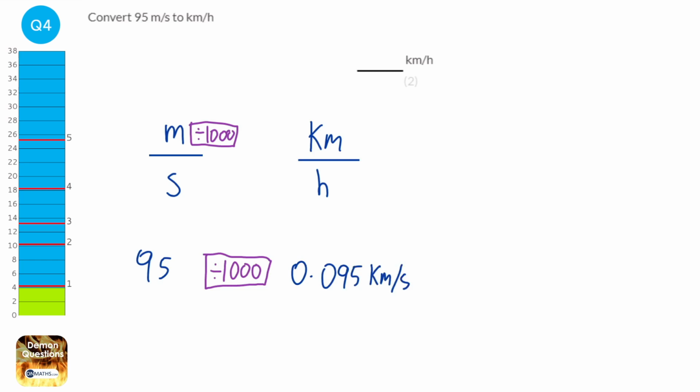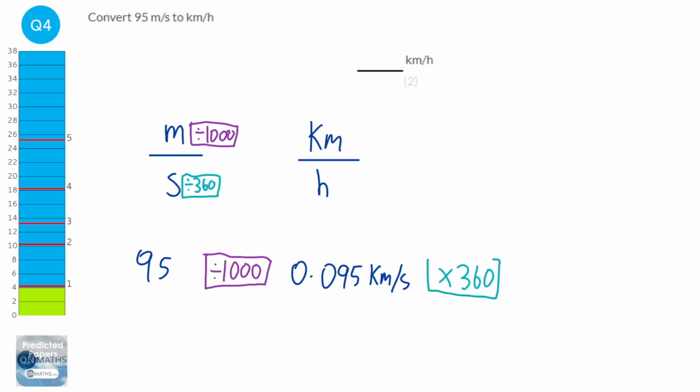The more difficult part is converting the seconds to hours. To convert seconds to hours, we divide by 60 and then divide by 60. So we divide it by 3600. Seems simple enough. But the seconds are at the bottom of a fraction, and when you divide the bottom of a fraction by something, you actually times the whole fraction by that thing.